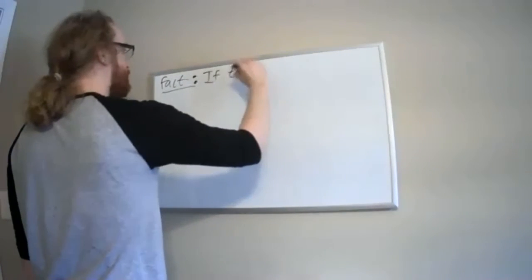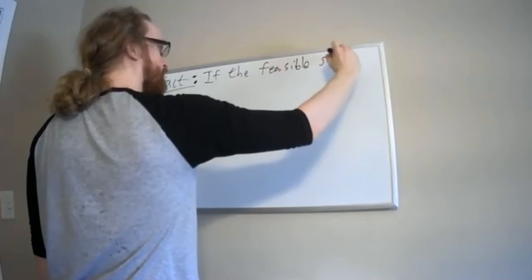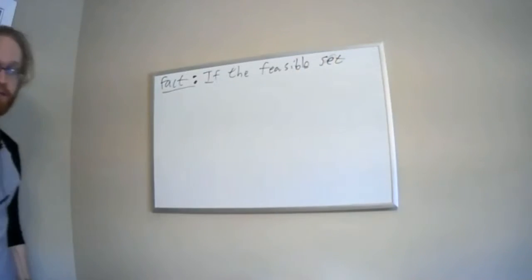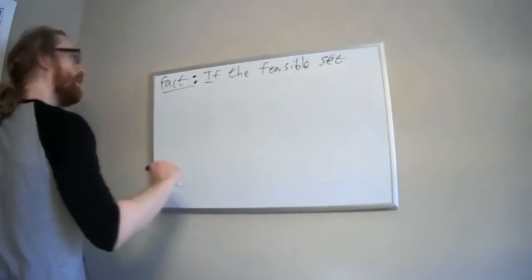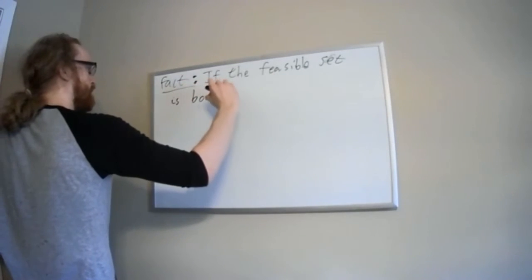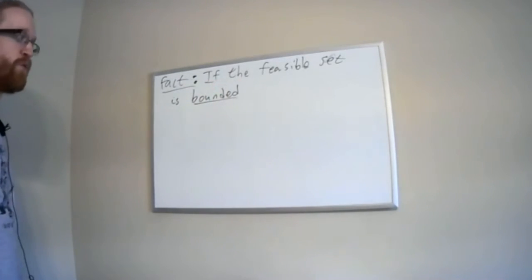If the feasible set, so remember the feasible set is the fancy name for the solution to the system of inequalities. So the solution to the constraints as a system of inequalities is called the feasible set. If that feasible set is bounded, and I told you guys about bounded feasible sets before.